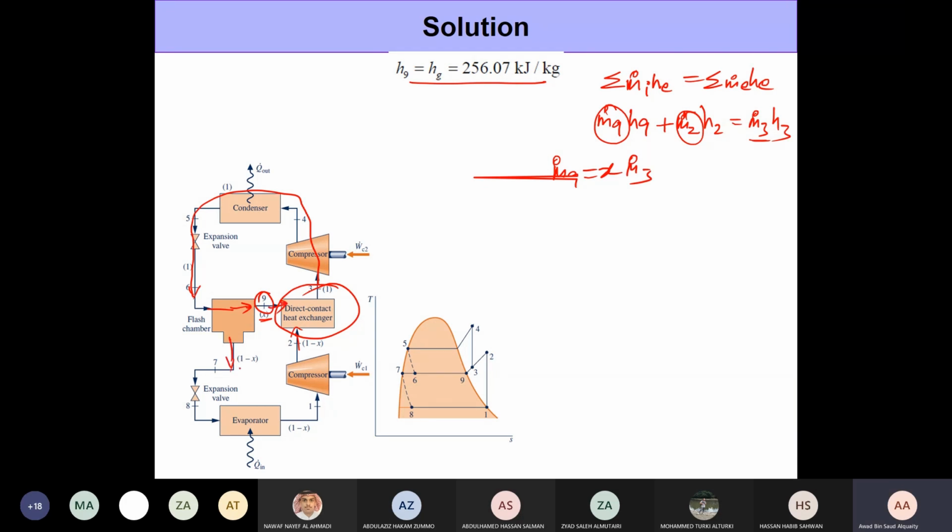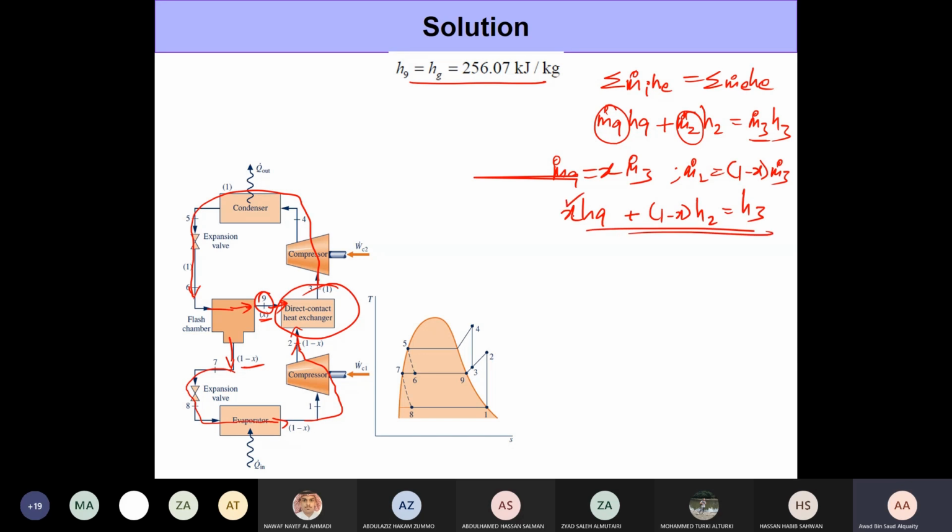The rest, which is 1 minus x times m dot 3, goes through the expansion valve, goes through the evaporator, and then comes out at the compressor. So m dot 9 is x times m dot 3, and m dot 2 is 1 minus x times m dot 3. Okay, so you can cancel out m dot 3 from this equation, and what we have left is x times h9 plus 1 minus x times h2 is equal to h3.